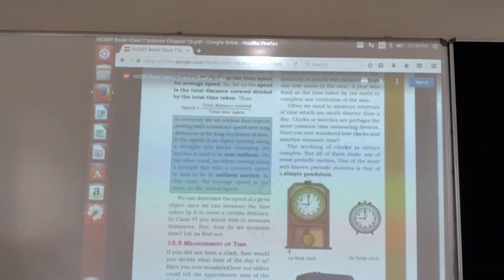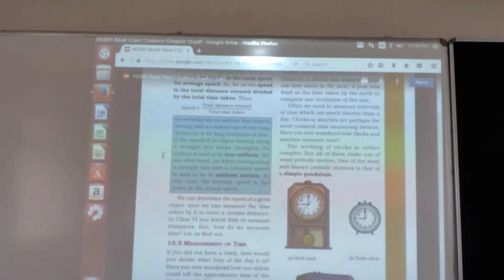Here you can see one blue box. In everyday life, seldom does an object move with a constant speed over a long distance for a long duration of time. So the speed of an object moving along a straight line keeps changing. Its motion is said to be non-uniform.